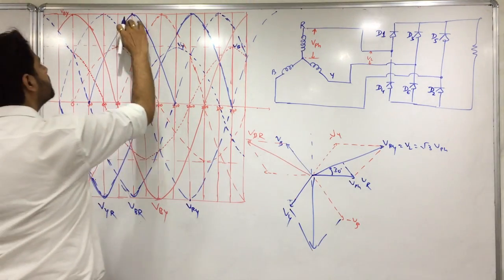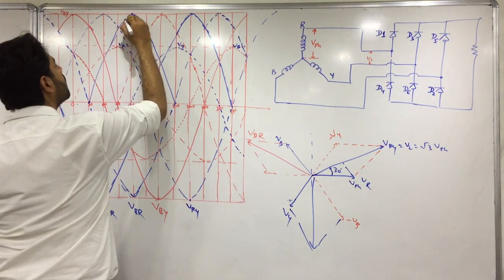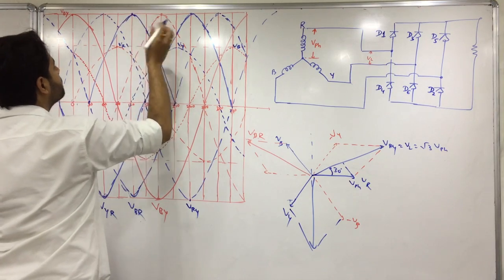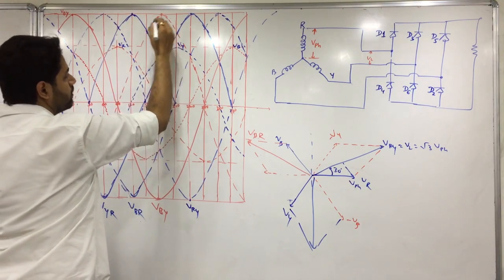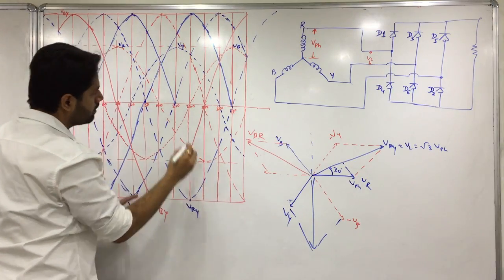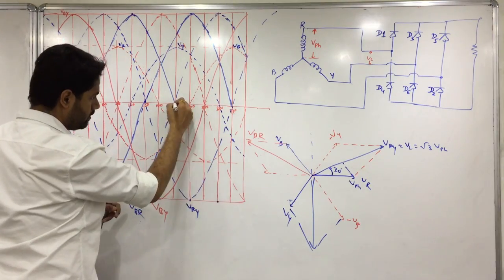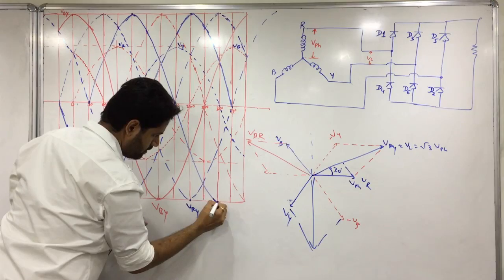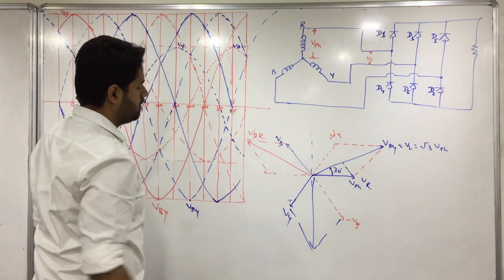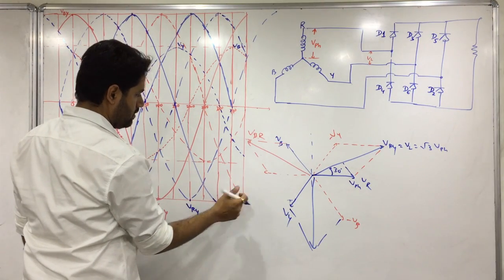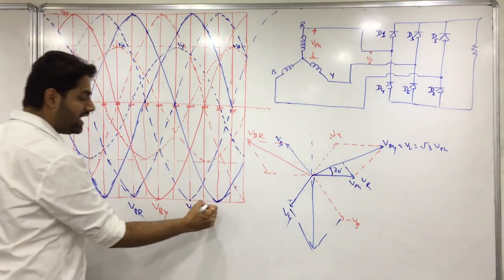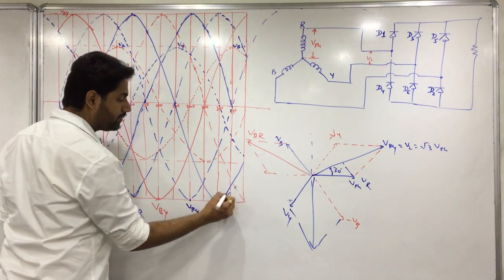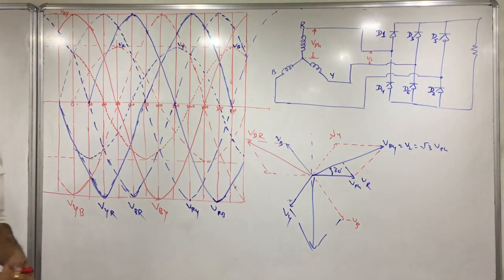It's a little bit wrongly drawn, but it's fine now. Clear? So this is my VRB. Okay? Come on, let's see this.